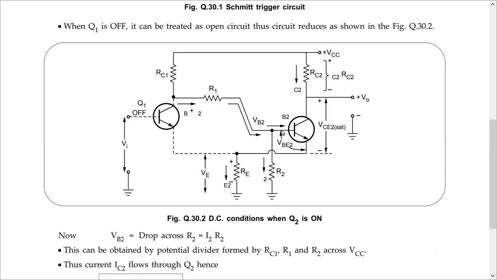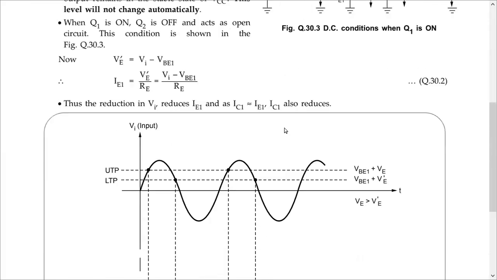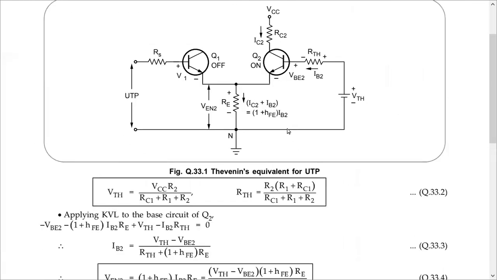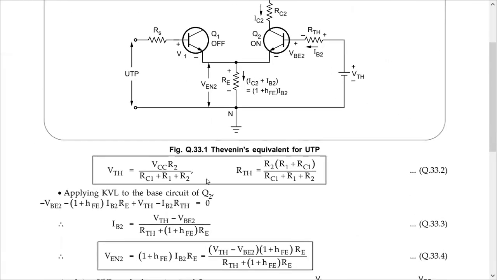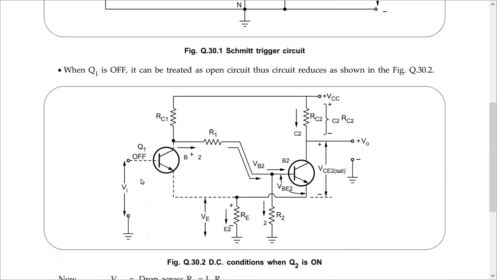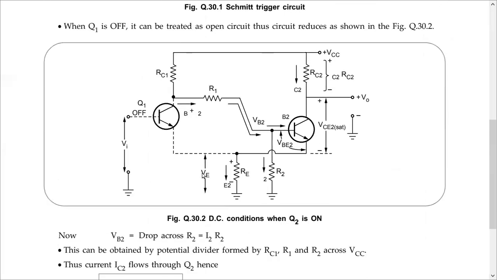So the voltage at the base of the second transistor will be R2 into VCC by RC1 plus R1 plus R2, that is, VCC R2 by RC1 plus R1 plus R2. That will be the Thevenin's voltage. Next, what will be the Thevenin's resistance?